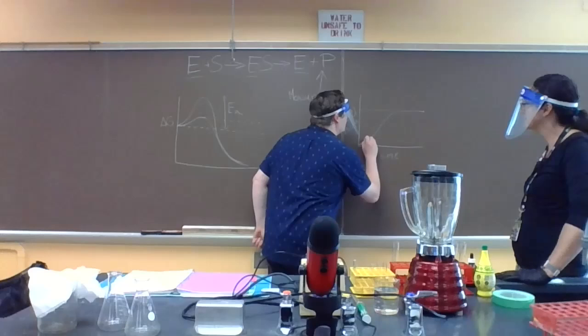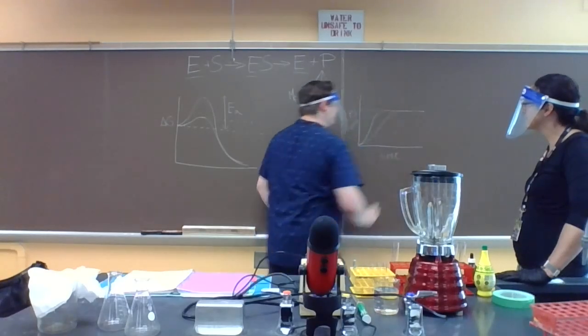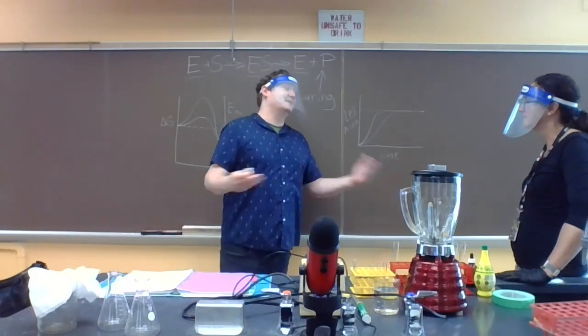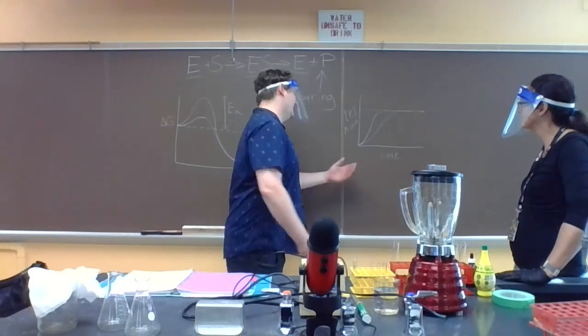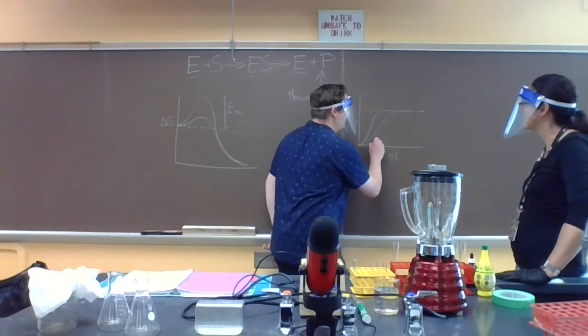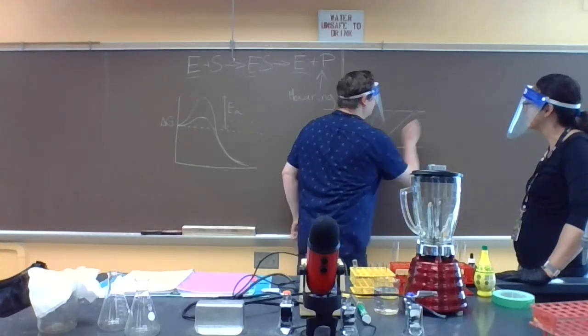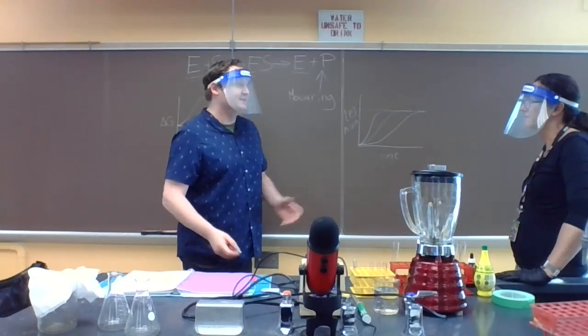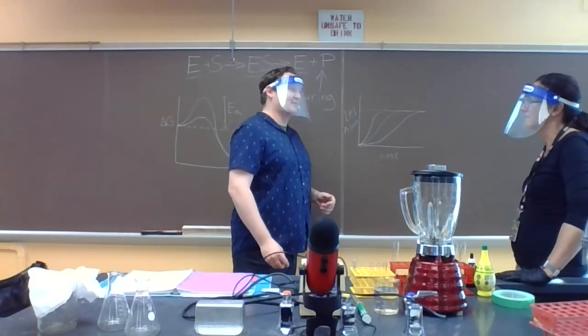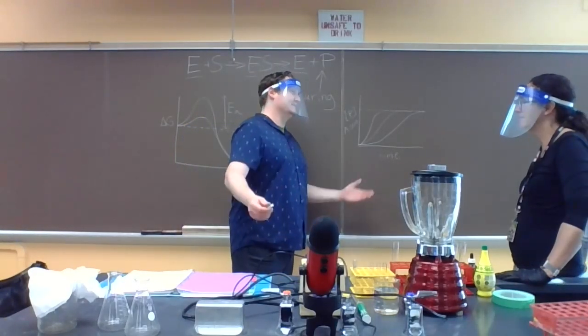So it occurs more rapidly, but still plateaus at the same level of product right there. And of course, less enzyme, slower reaction, still eventually reaching the maximum amount of product that can be produced from the amount of substrate that we have.